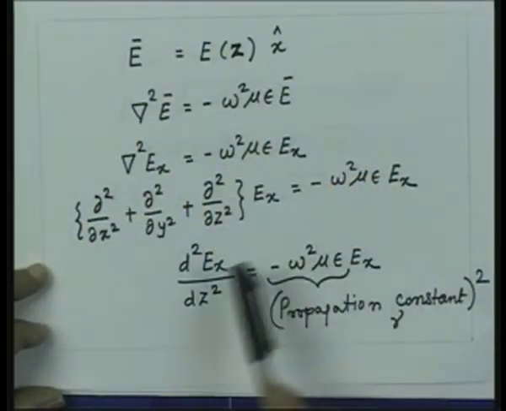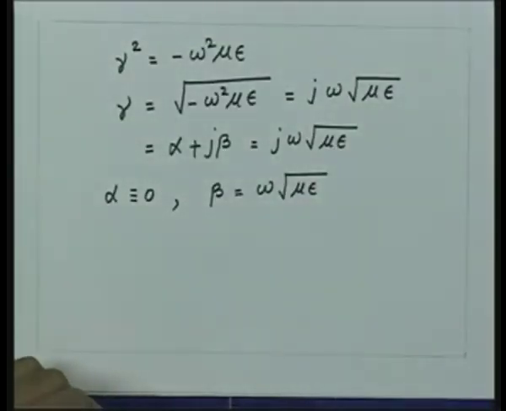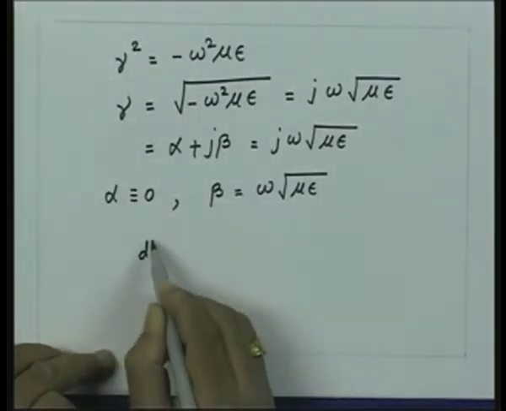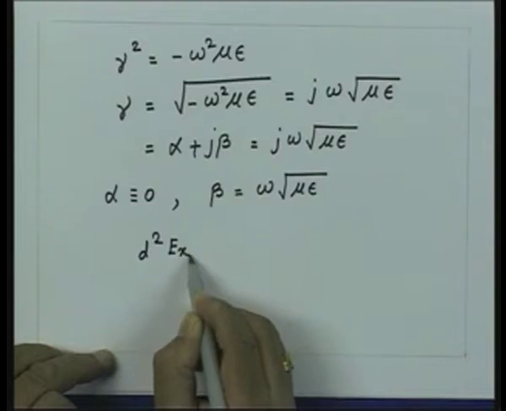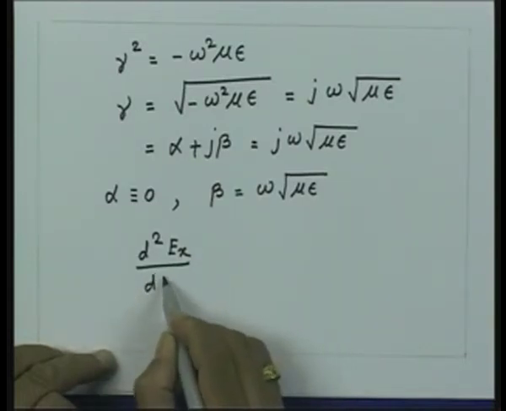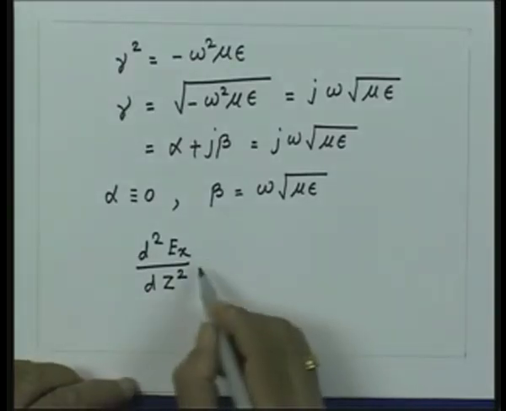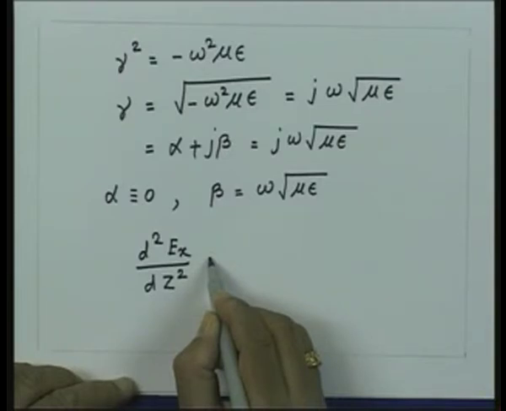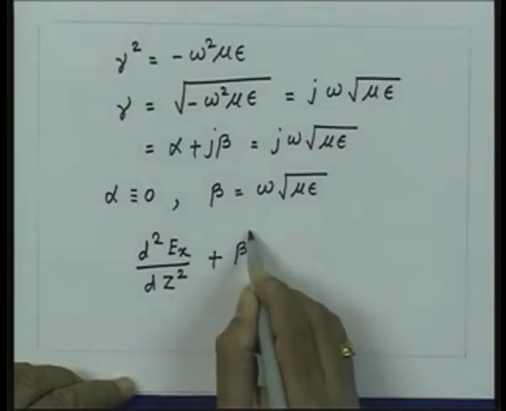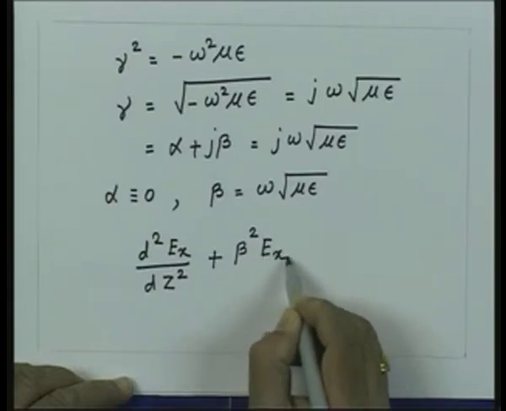And the solution, as we have got for the transmission line case, these are second order differential equations. Once we define this parameter as the phase constant beta, as we have done here, the solution can be written very easily. So, we can write this equation as d2 Ex by dz square plus beta square Ex is equal to 0.